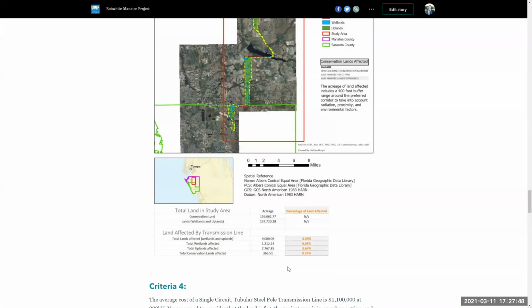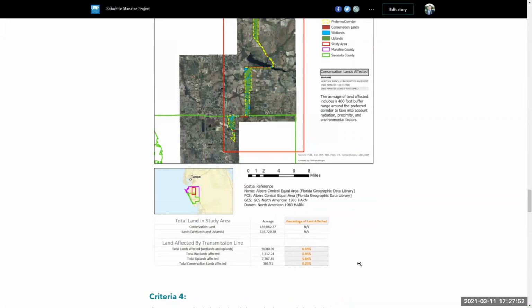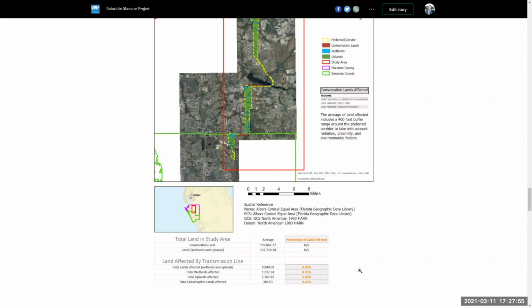And to calculate the acreage, I had to make sure everything was projected to the Albers coordinate system. I added a field to each data set called acres or num acres. And then I calculated the geometry of acreage by area. And then I did a statistics histogram to get the sum of total acreage per data set.